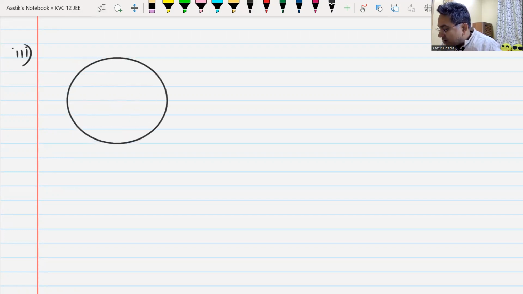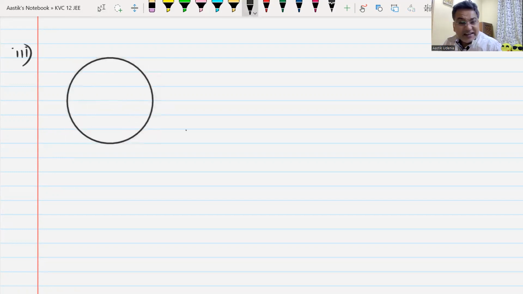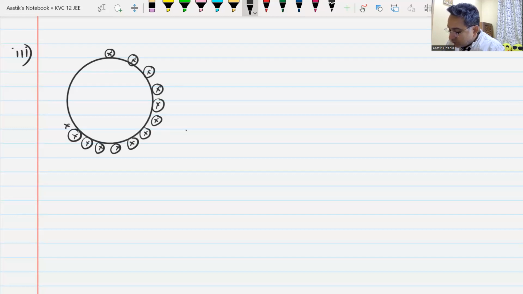Now this is not a ring, this is an infinite cylinder. You understand the meaning of infinite cylinder? This is an infinite hollow cylinder and it carries current like this. Current going inside. Can you imagine this? Infinite hollow cylinder and the current moving like this.